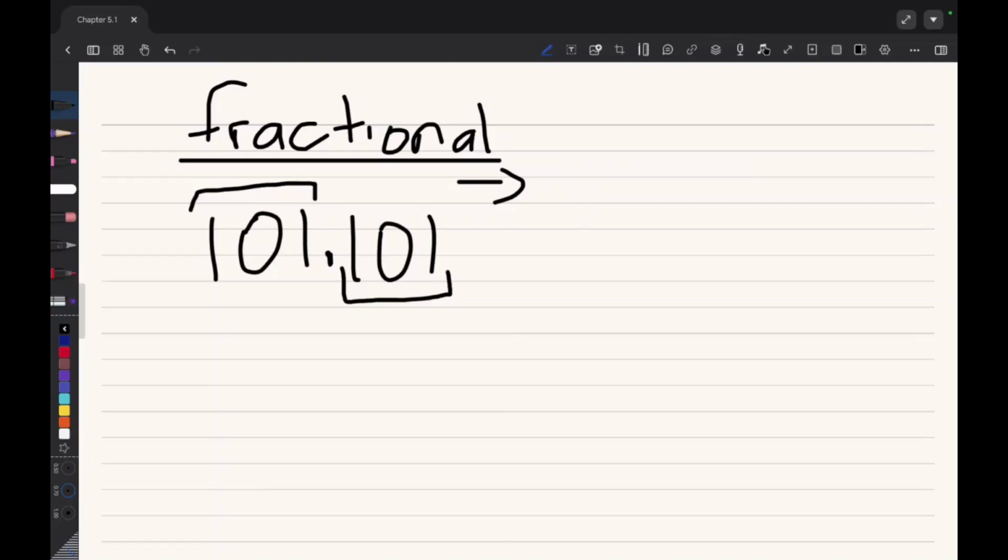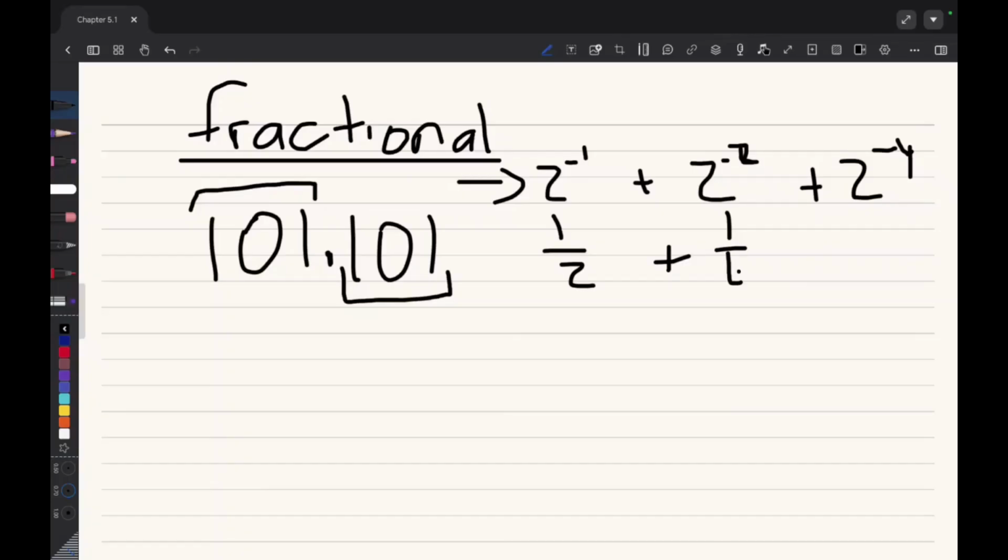You start from a 1, so you say 2 to the negative 1, and then you go again to the right, which is 2 to the negative 2, and then 2 to the negative 3, in which these values are just 1 over 2 plus 1 over 4 plus 1 over 8, and so on. Right? That's just the representation. But I'd advise you to use these ones because they are like a standard.